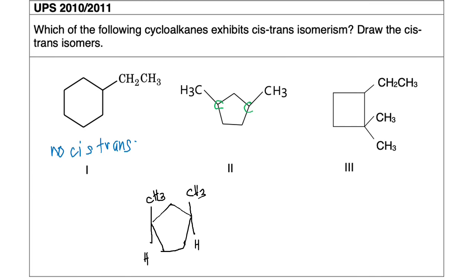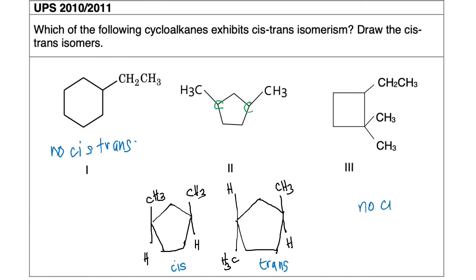Okay, this one. And then satu lagi. Okay, so ini adalah cis dan ini adalah trans. Right? Dan yang ketiga no cis-trans.